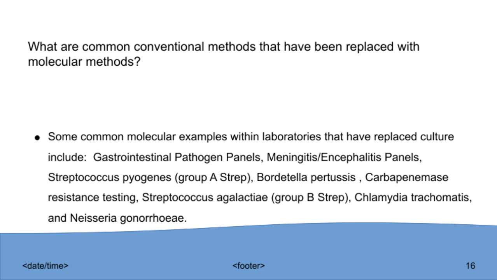In addition, tests for Streptococcus agalactiae, known as Group B strep, Chlamydia trachomatis, and Neisseria gonorrhoeae have all shifted from traditional culture-based methods to molecular diagnostics. Overall, these advancements highlight how molecular techniques streamline our diagnostic process, making it faster, more sensitive, and more comprehensive, truly transforming the landscape of microbiology testing in labs today.